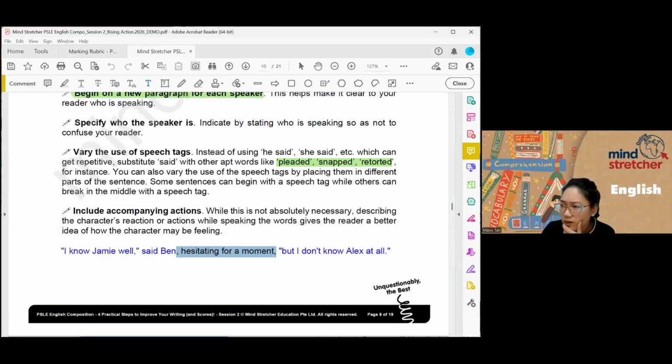I know Jamie well. So this is an action. And I always tell students this. When you use dialogue, don't just he said, she said. Include their action, their reactions, their facial expressions to enrich the narrative.